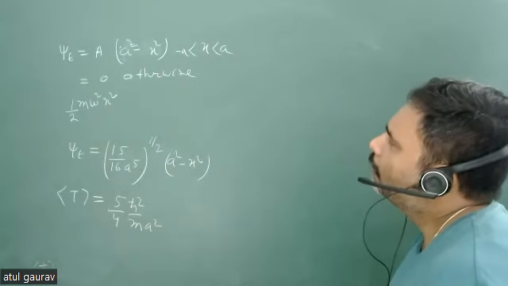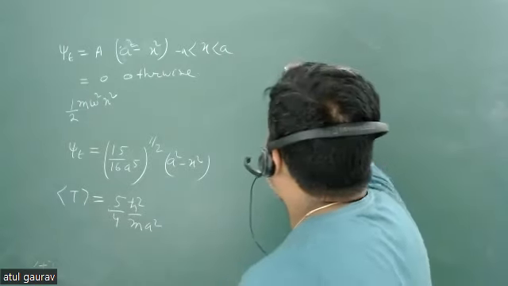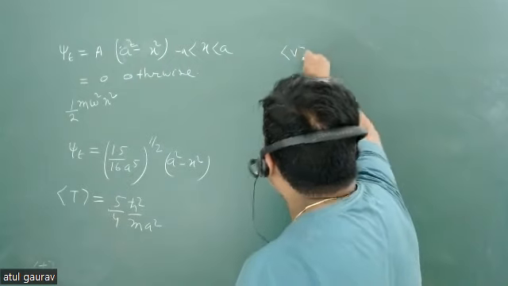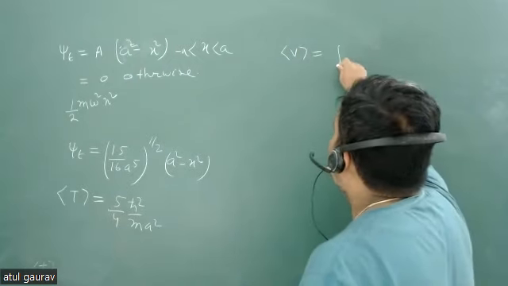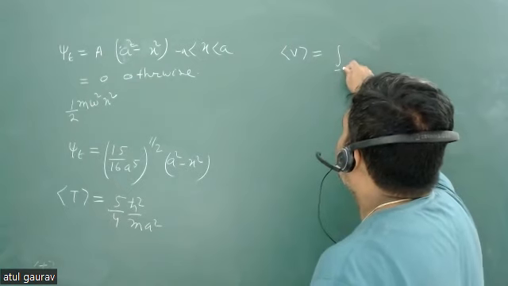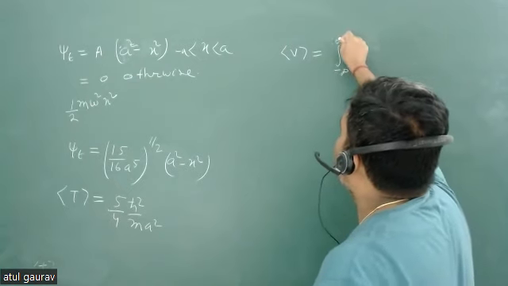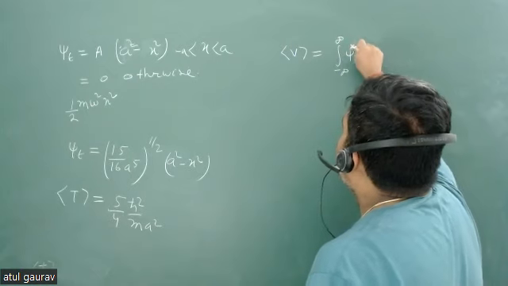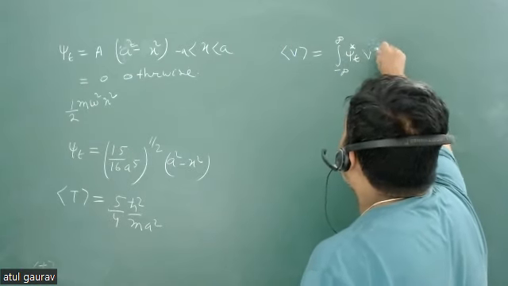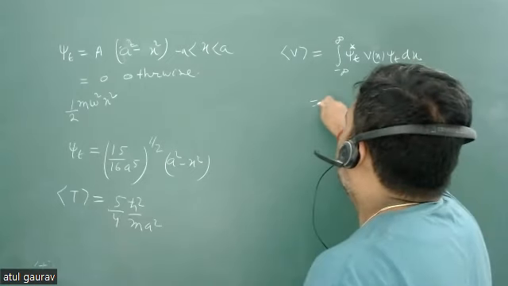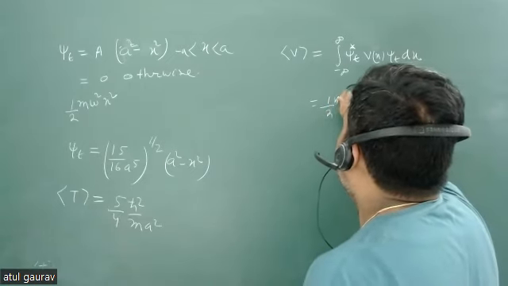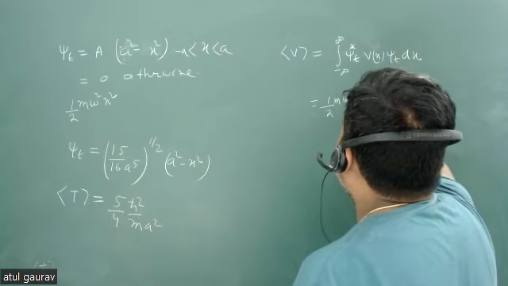So let's go for the average value of potential energy. You have to calculate this, you cannot avoid it. So the average value of potential energy is equal to the integral from minus infinity to plus infinity of psi star V(x) psi dx, and you have half m omega square x square.